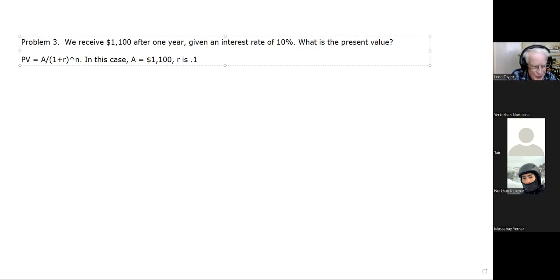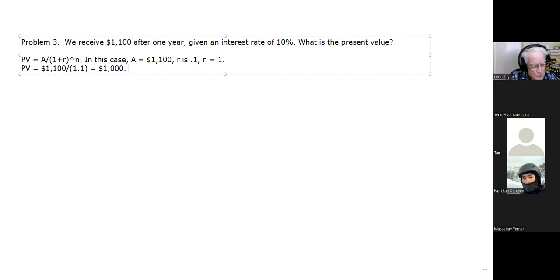And then finally, we have only 1 year, so n is equal to 1. Thus, the present value is 1,100 divided by 1 plus 0.1 to the power of 1, or $1,000.